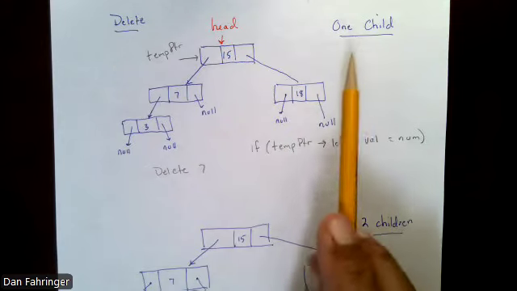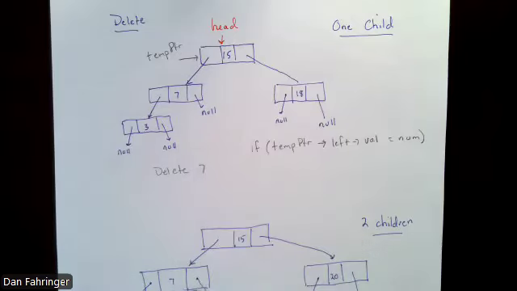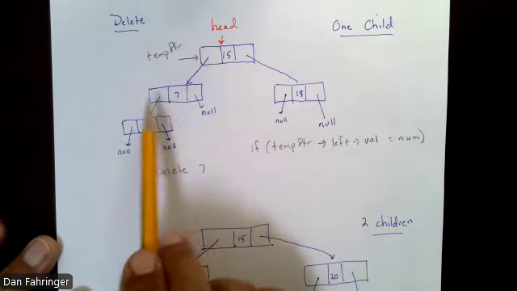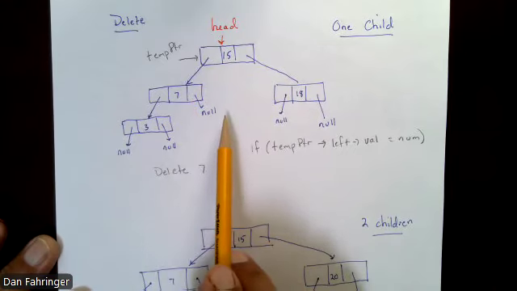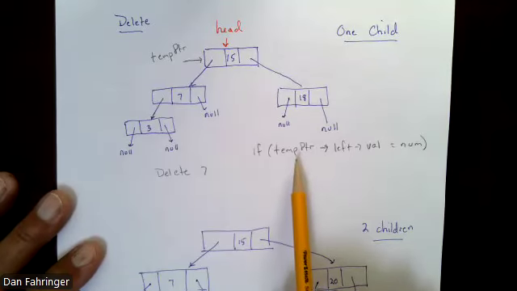Now, in order to be one child, we would need the left or the right. We'd need one of those to be null. Oh man, we would have to think of situations like, what if 3 is the only child? What if the number 8 on the other side was the only child? How do I do each one of these things? And it's going to become a mess. But let's just say this became true.